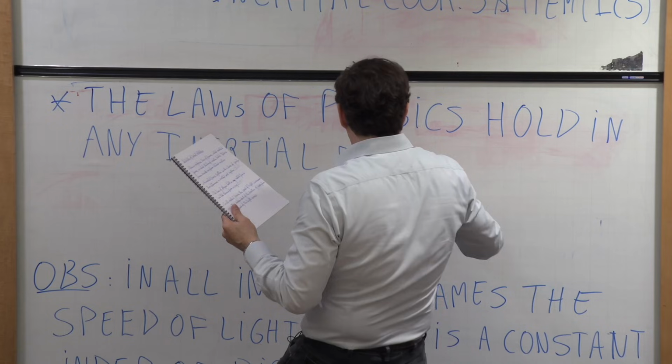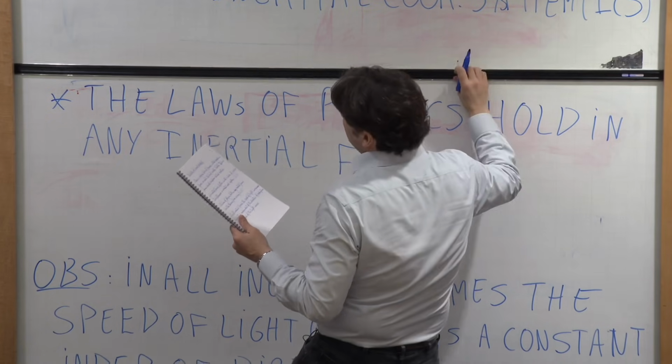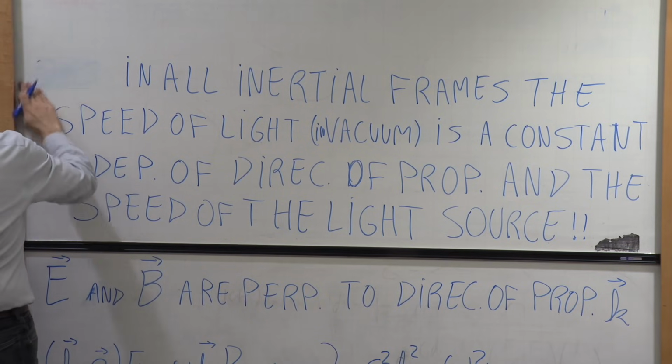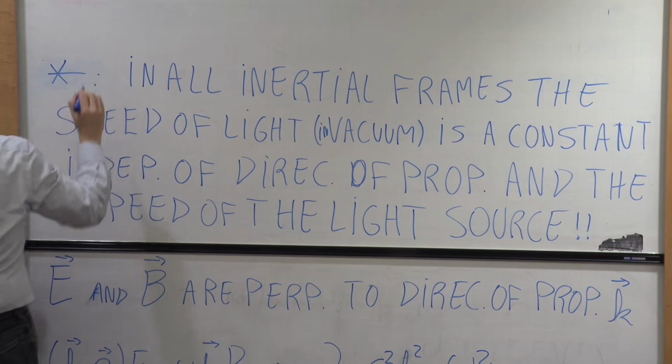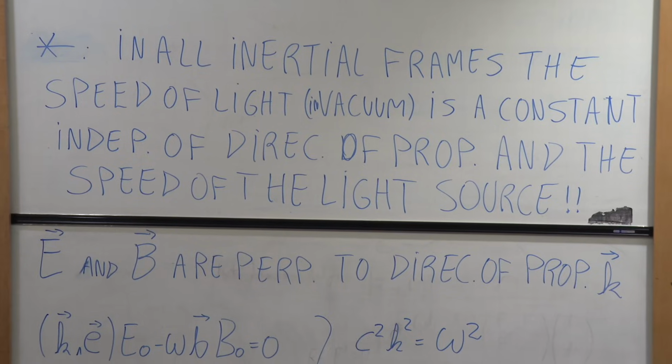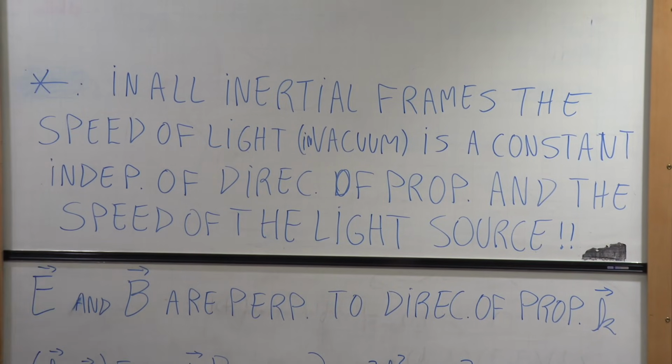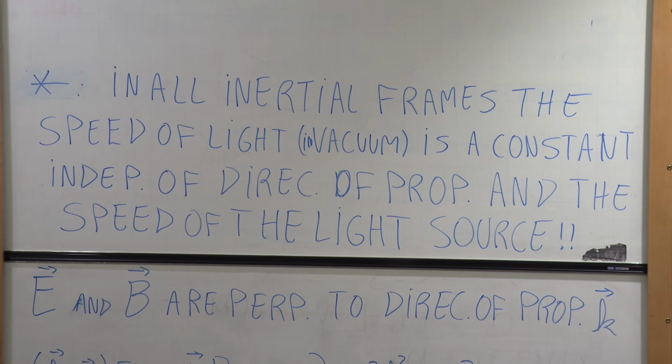And the last postulate is the observation we just made, which he elevated to a postulate. In all inertial frames, the speed of light in vacuum is a constant independent of the direction of propagation and the speed of the light source.